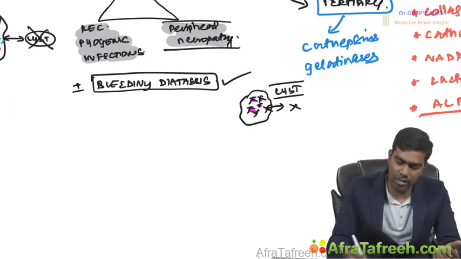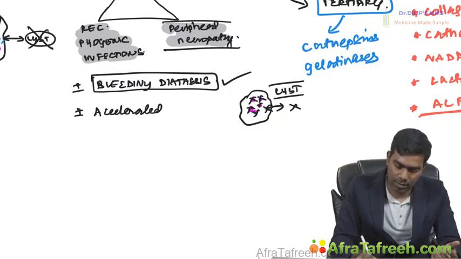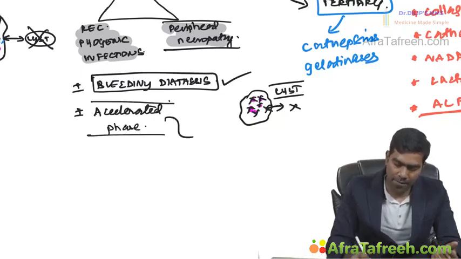And some few patients can enter something called the accelerated phase, where they present with an HLH-like picture, that is called hemophagocytic lymphohistiocytosis, which I'll discuss in some time. So in the histiocytic disorders, they can also present with something called an HLH-like picture.